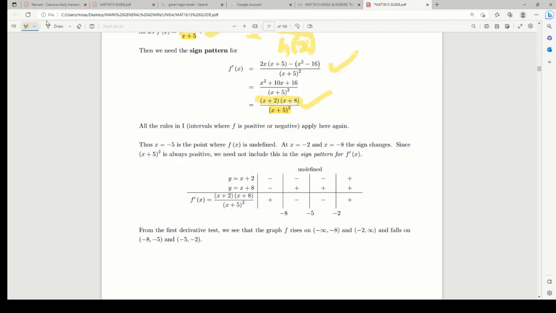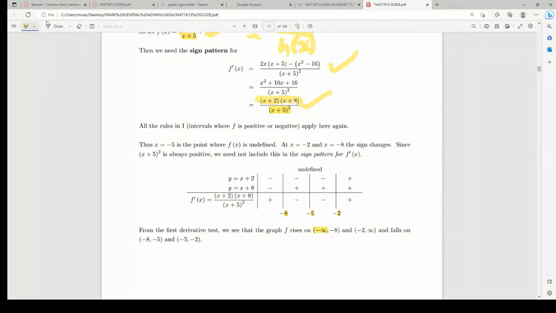F prime of x is 0 when x is minus 2, and it's 0 when x is equal to minus 8, as we can see there. Of course, at x equal to minus 5 in the denominator, it's undefined, okay? So our intervals are already set.